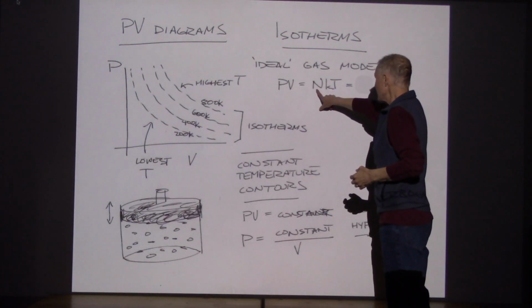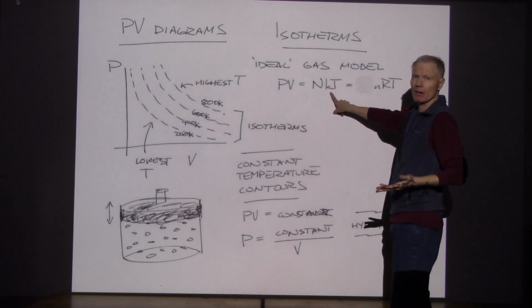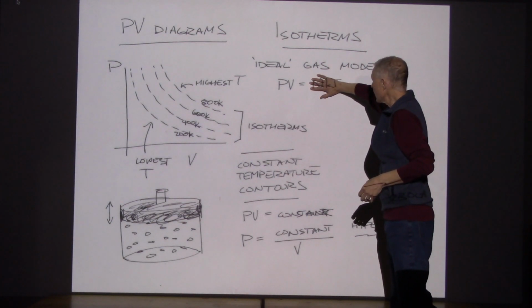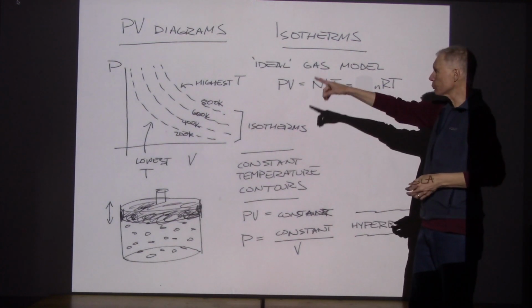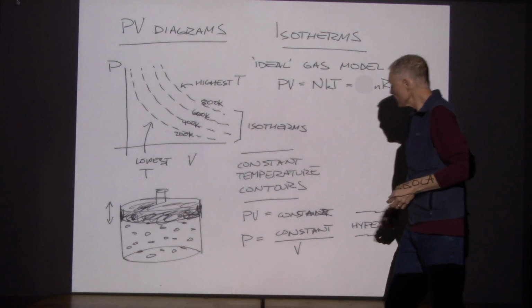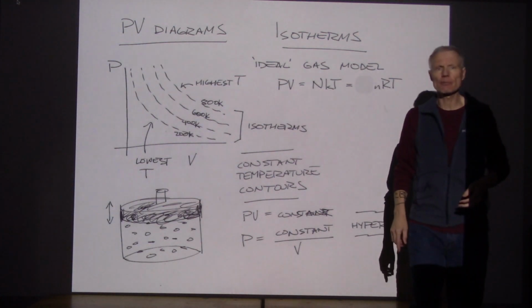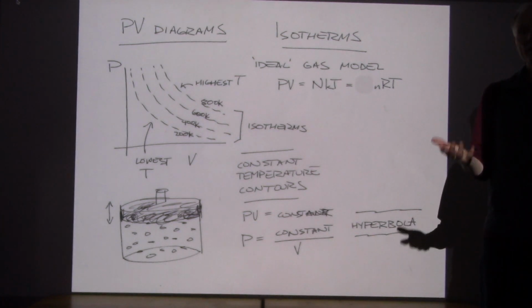If N is constant and T is constant, well, little k is Boltzmann's constant. So P times V is going to remain a constant. That says if we make a graph, P is going to be inversely proportional to V. So pressure and volume are inversely proportional.